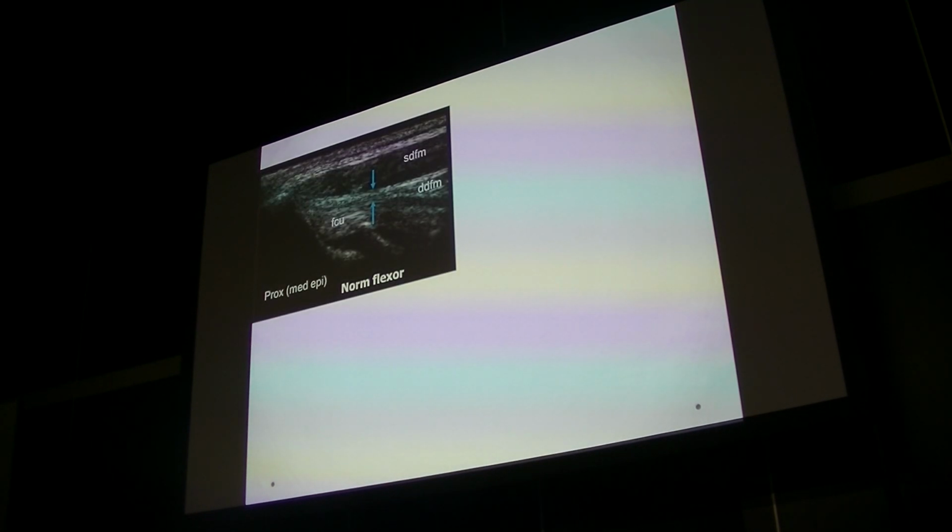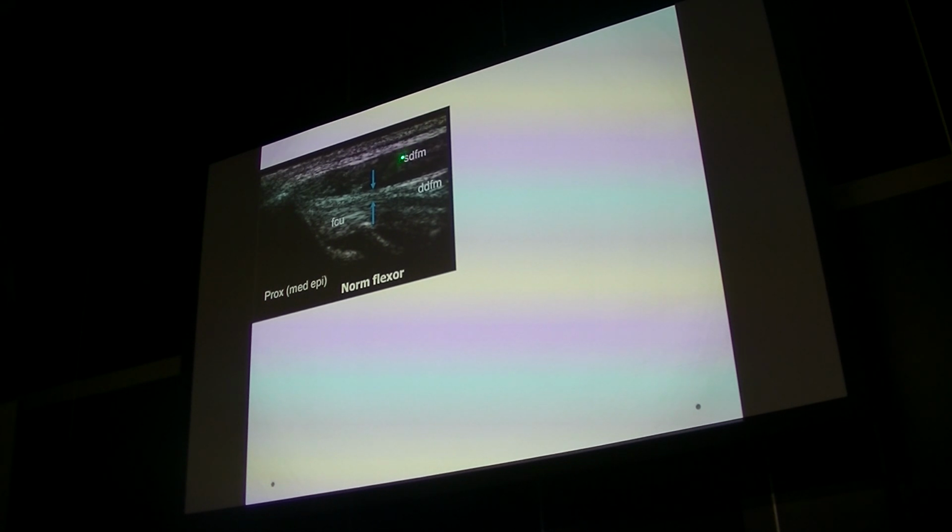So I have some examples. This is a normal case where we have the medial epicondyle. It's a longitudinal image, cranial or proximal and distal. We have the delineation and the echogenicity of the different tendons.